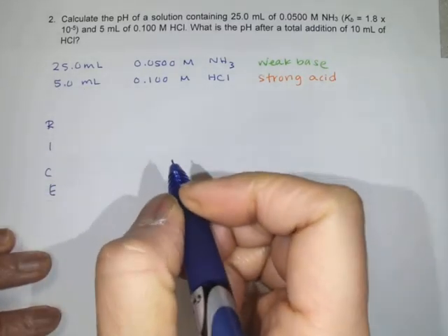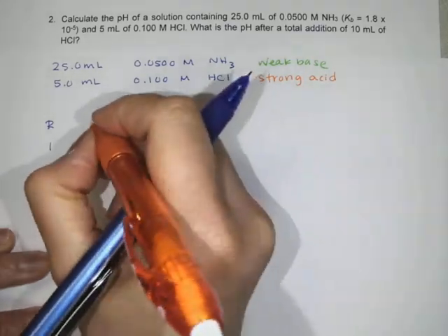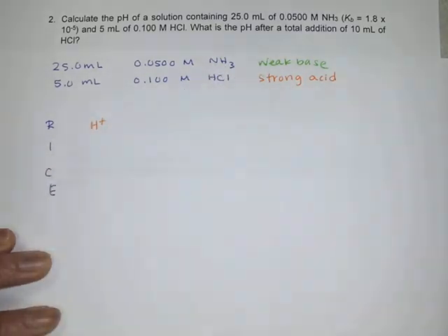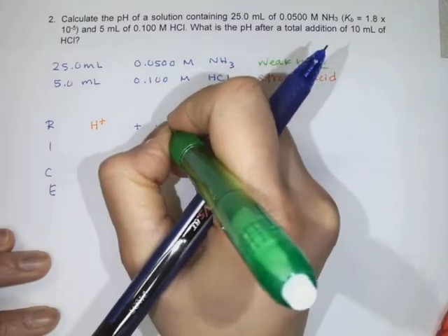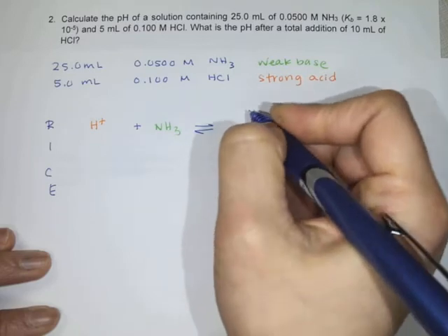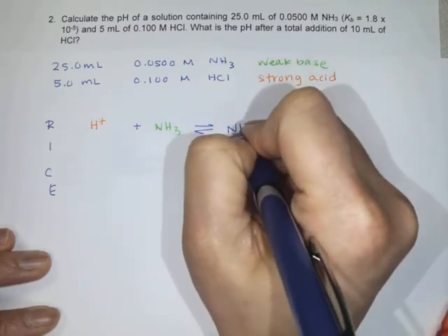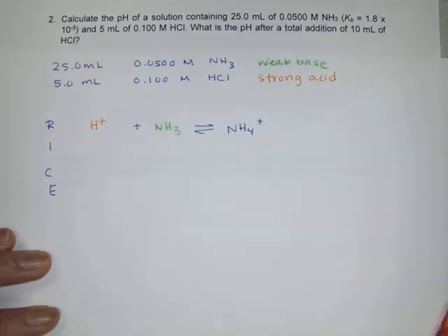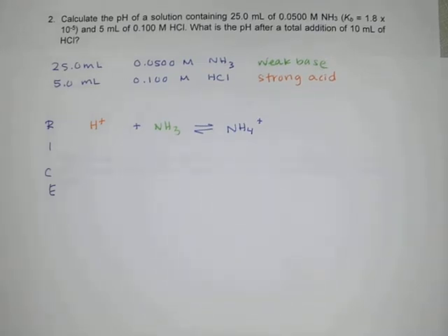So the reaction here is going to be H plus, and then we're going to add NH3, and that's going to give us ammonium, NH4 plus. So our initial, again, we're going to find the moles of acid and the moles of base.